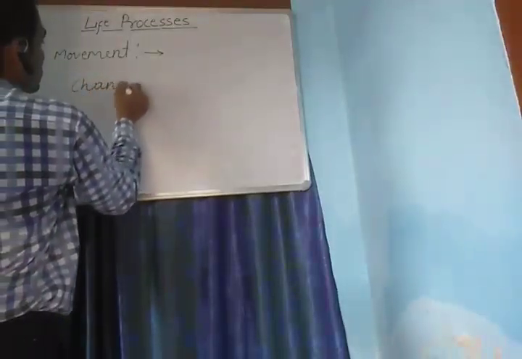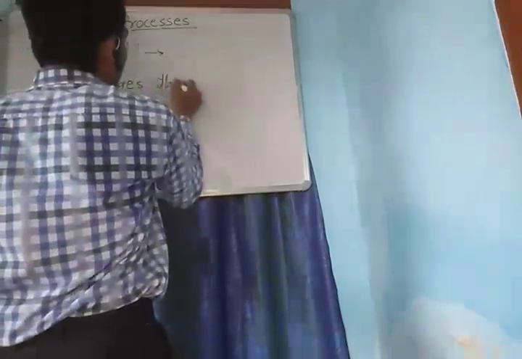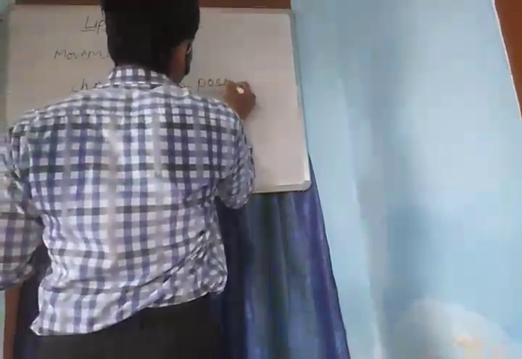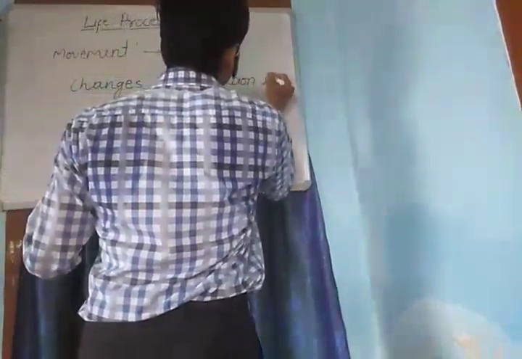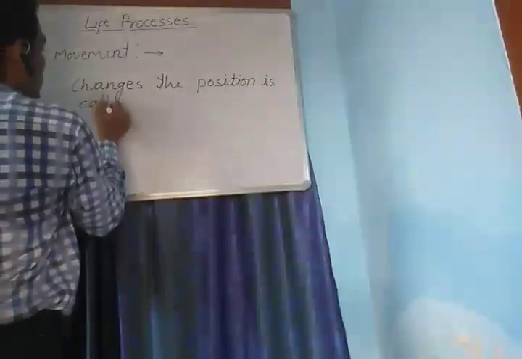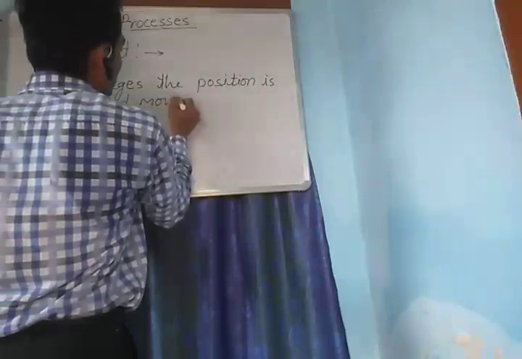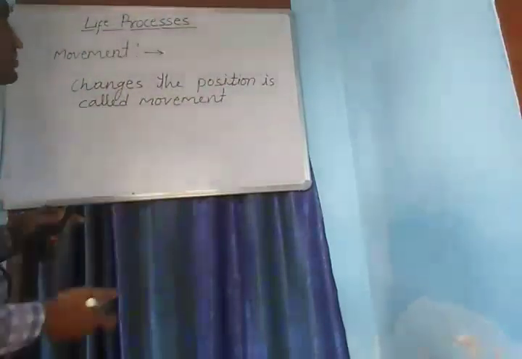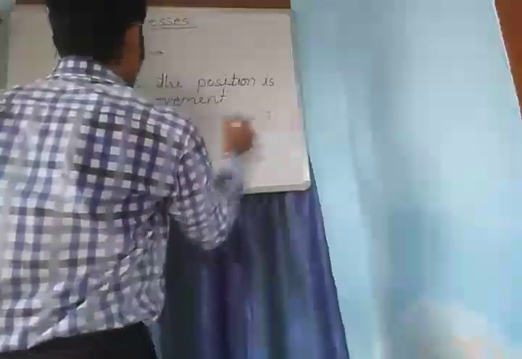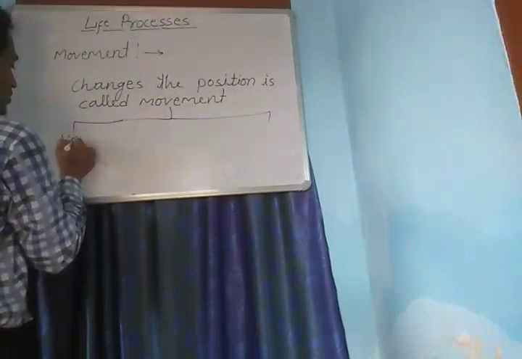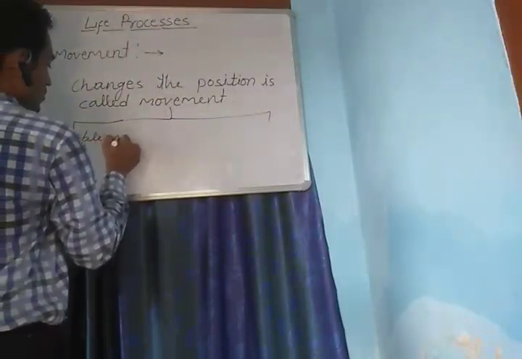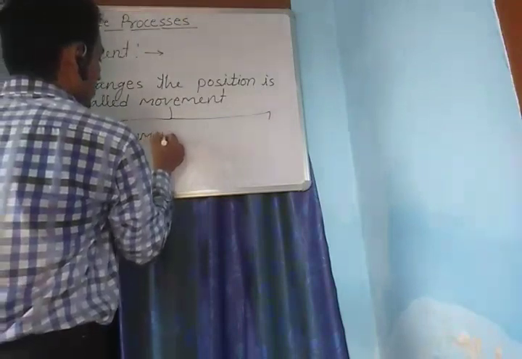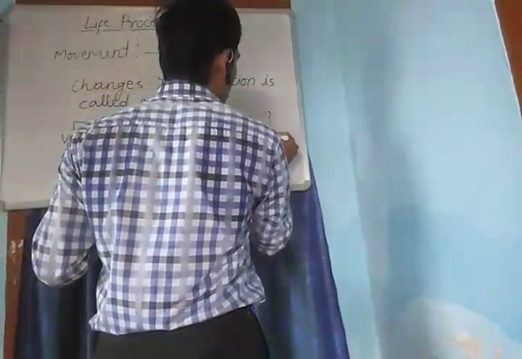Change of position is called movement. Movement is divided into two types: visible movement and invisible movement.